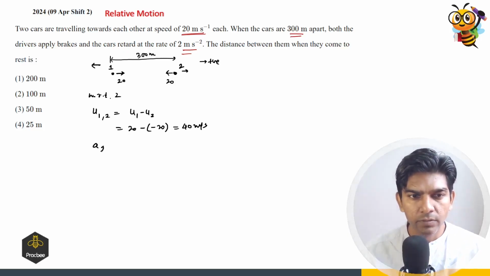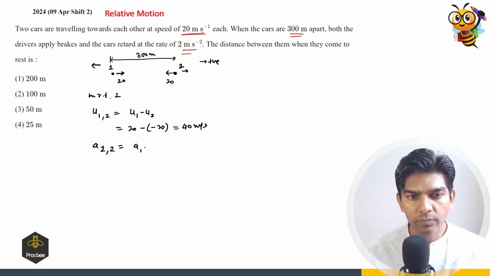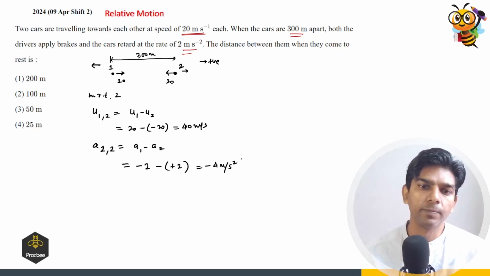So acceleration of 1 with respect to 2 will be a1 minus a2, acceleration of 1 will be minus 2, and acceleration of 2 will be plus 2, right? It is in the right direction. So this comes out to be minus 4 meters per second square.